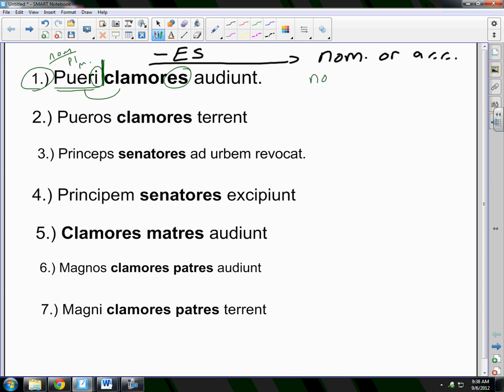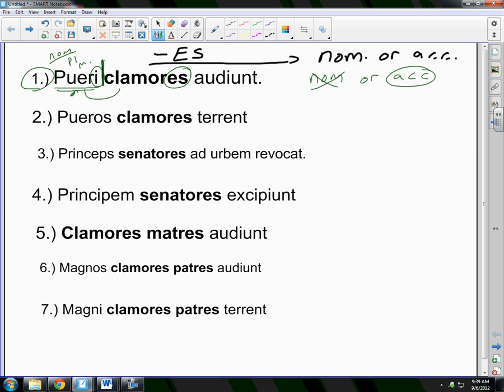I've eliminated the possibility of nominative for clamores. That tells me that it's accusative and plural.